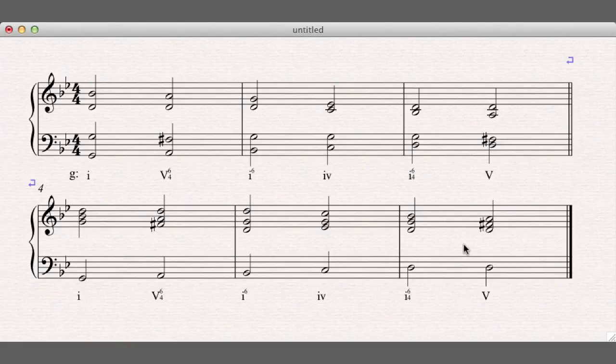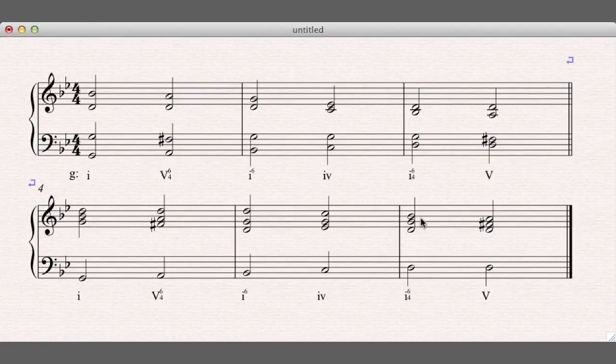And in fact, some theory books and some theorists explain it this way. They would actually explain this as a 5 chord. Then sometimes it's even written 5 6/4, which when you add up the chord doesn't make much sense. But when you think about it theoretically, it makes a lot of sense, because this chord is not functioning as a 1 chord, it's functioning as a 5 chord. It's functioning as a dominant.